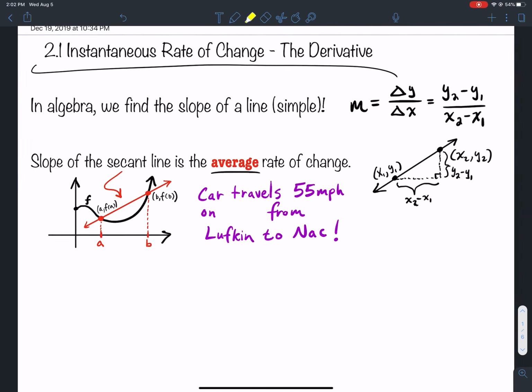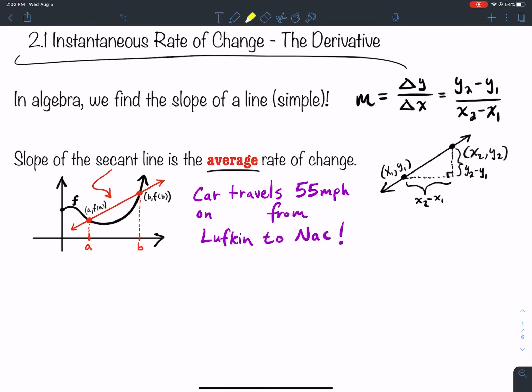All right, now, the way to think about an average rate of change would be in this sentence here. Think about traveling from Lufkin to Nacogdoches. A car travels at 55 miles per hour on average from Lufkin to Nacogdoches. Now, maybe it's 75 on the outside of Lufkin to Nacogdoches, but you have to stop at a couple of red lights between Angelina College and the other side of Lufkin, right?